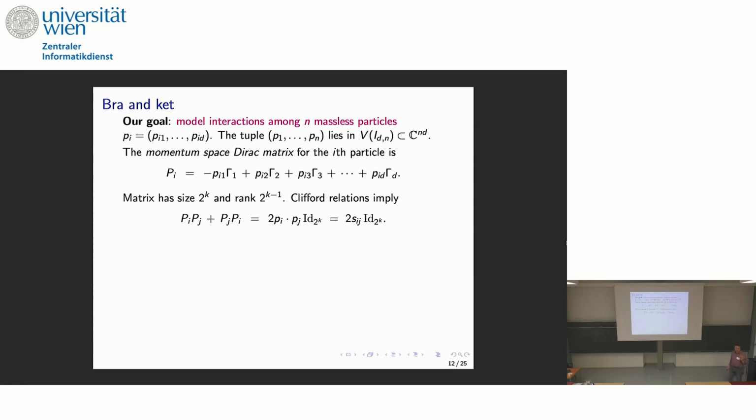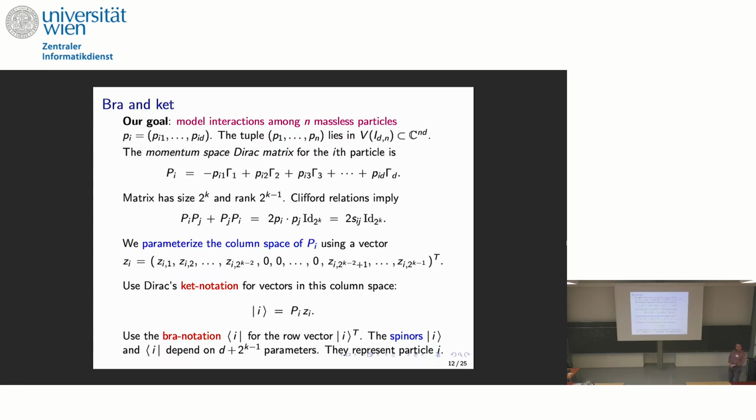Remember, the values of the bilinear form were the Mandelstam invariants. If I take the anti-commutator of two of these big matrices for two particles, I get a big identity matrix times the Mandelstam invariant S_ij, and the Mandelstam invariant, I hope, will enter the discussion of Feynman integrals in Lorenzo's talk.